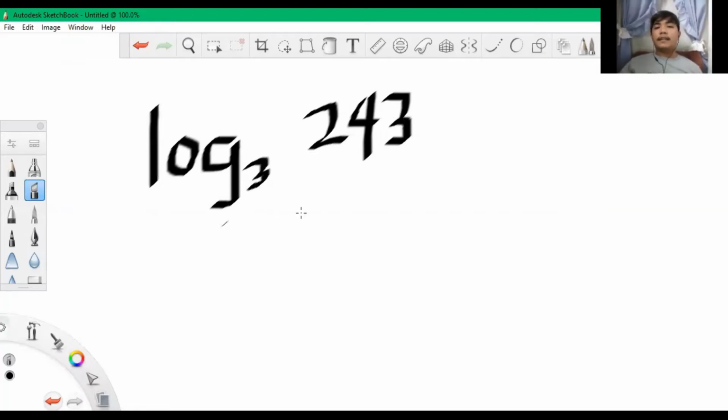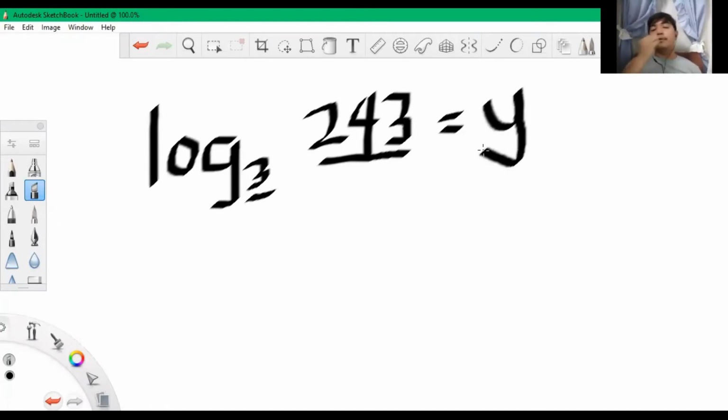Kung ma-observe natin, meron tayong missing part. So, ang nakasulat lang is the logarithm of 243 to the base 3. We have the answer. And we have the base here. So, the missing part is the exponent or our y. So, we have to solve for y. We are being asked to solve for y or to solve for the exponent.